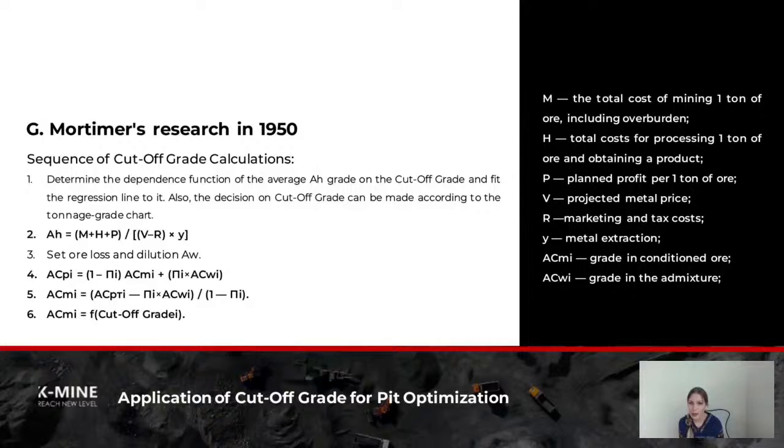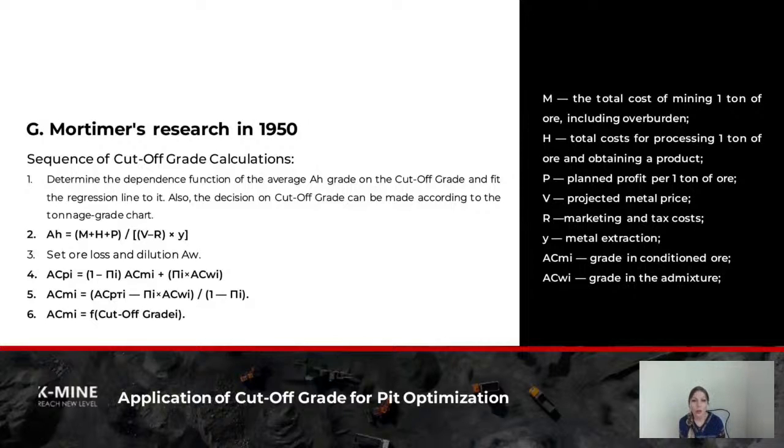Here we have the required average grade of ore flow at the enrichment plant. And we have AW, which is the grade in the admixture that replaces ore losses. So the calculation begins with the block model for a block, ledge, or deposit as a whole to construct a function of dependence of the average grade on cutoff grade and fit the regression line to it.